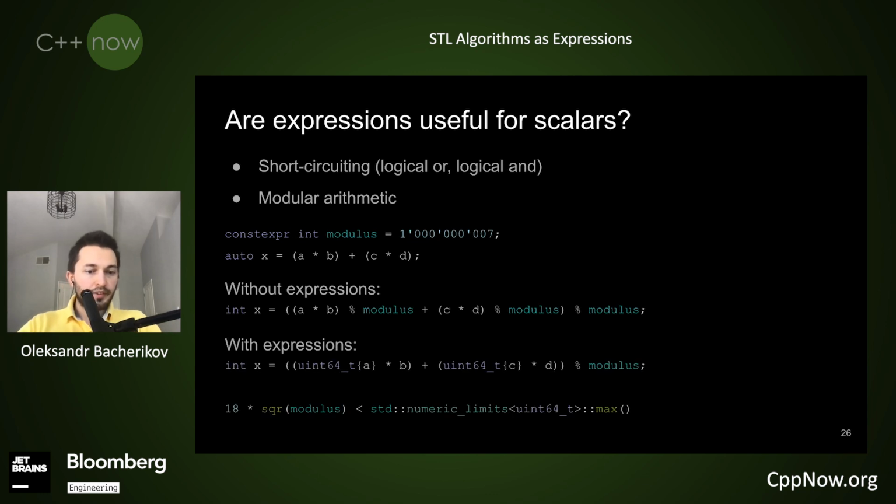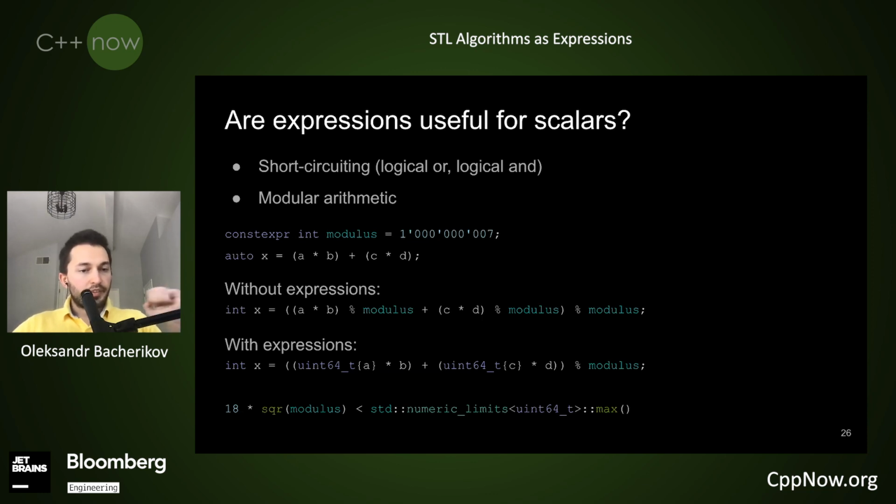But if you have expressions, then you could note that actually you can cast all the arguments into int64 type, sum them all together inside brackets, and take the remainder only once after that. And we can do this because the sum in the brackets is guaranteed to be less than the maximal uint64 value. And in fact, you can sum up to 18 products to fit into this value.